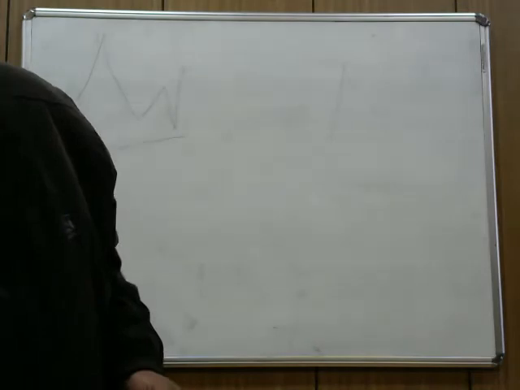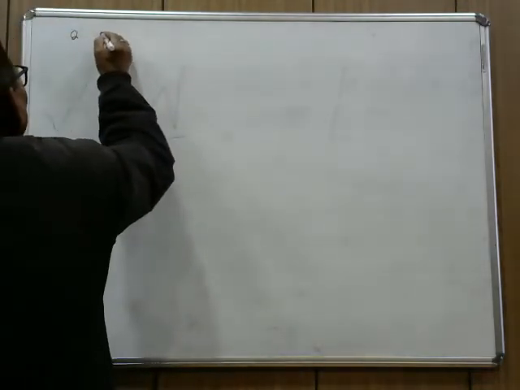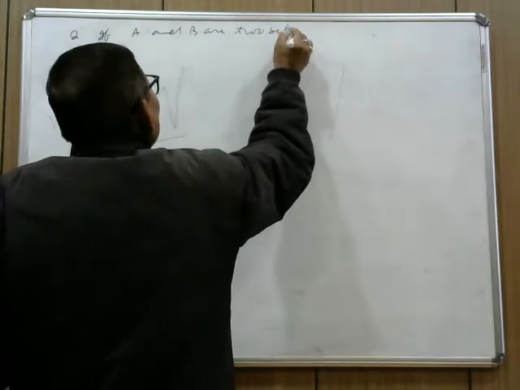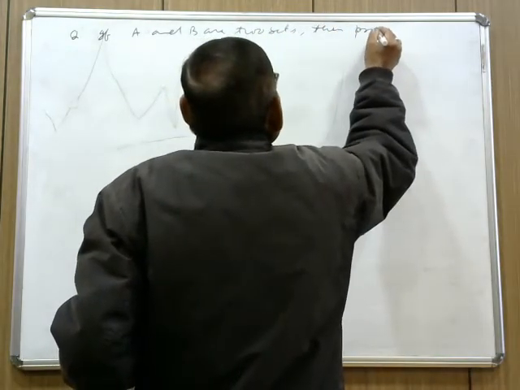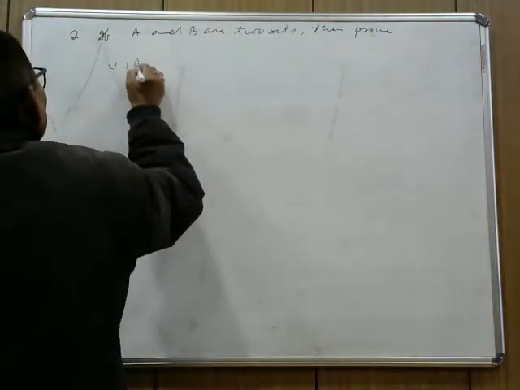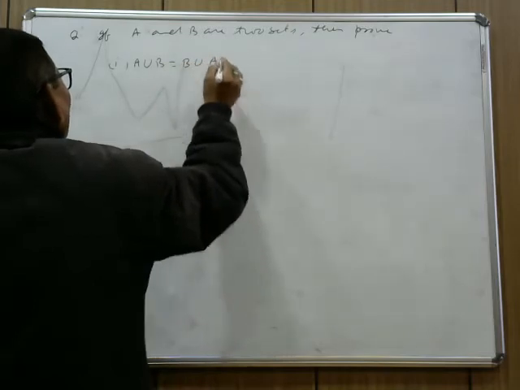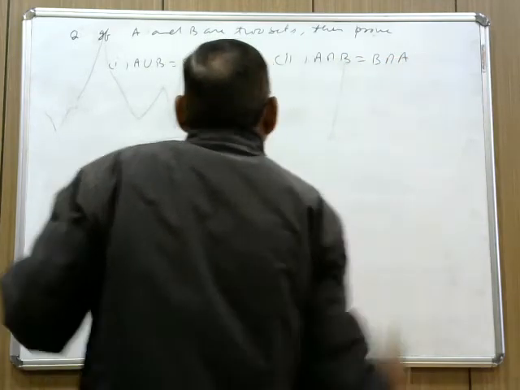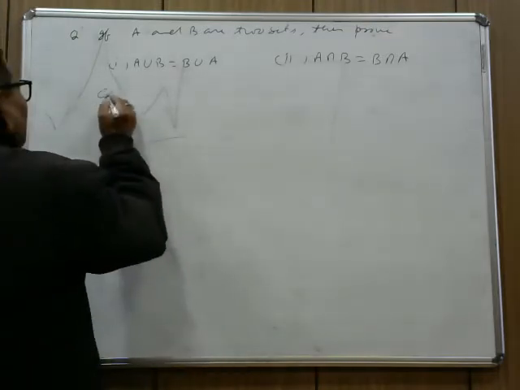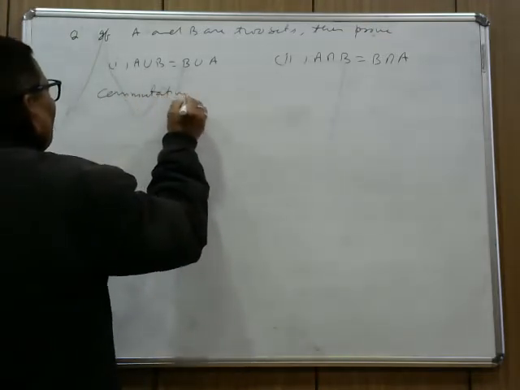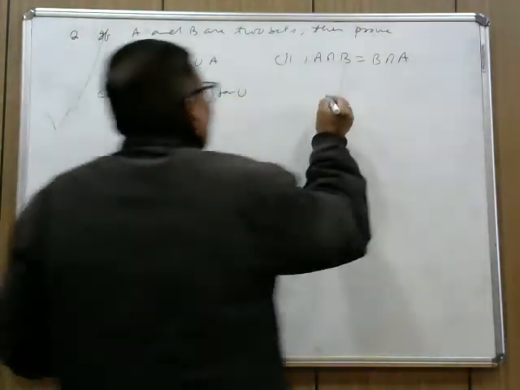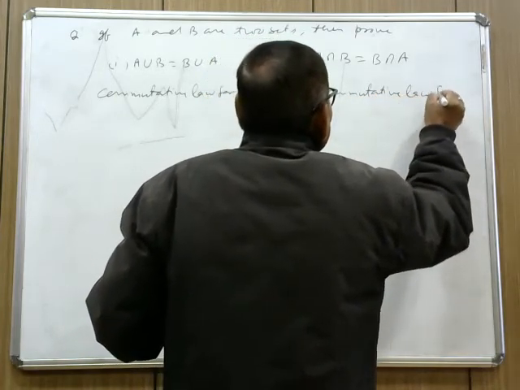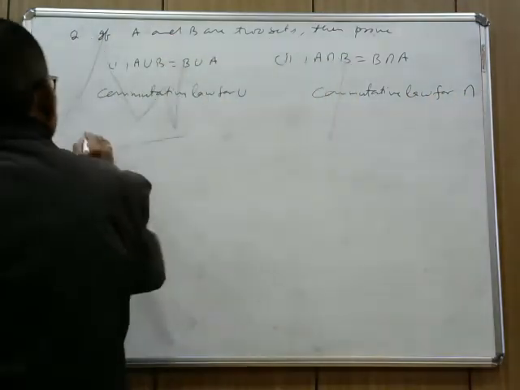Question: if A and B are two sets, then prove first, A union B equal to B union A. Second, A intersection B equal to B intersection A. This is commutative law for union, and this is commutative law for intersection.